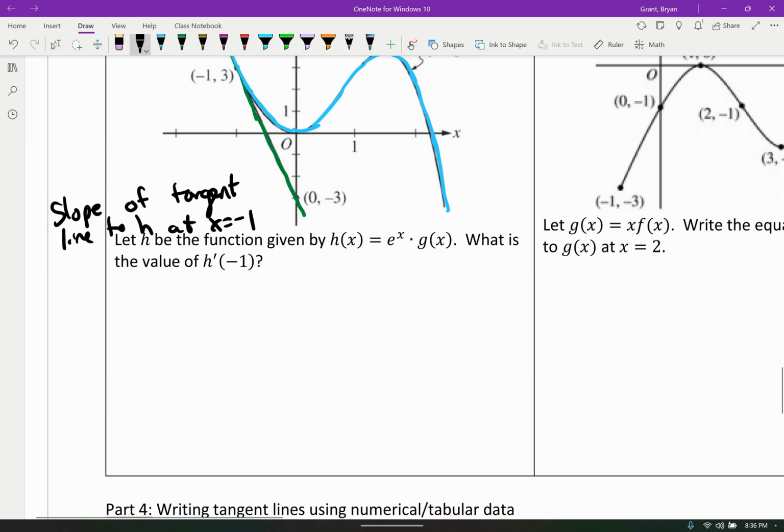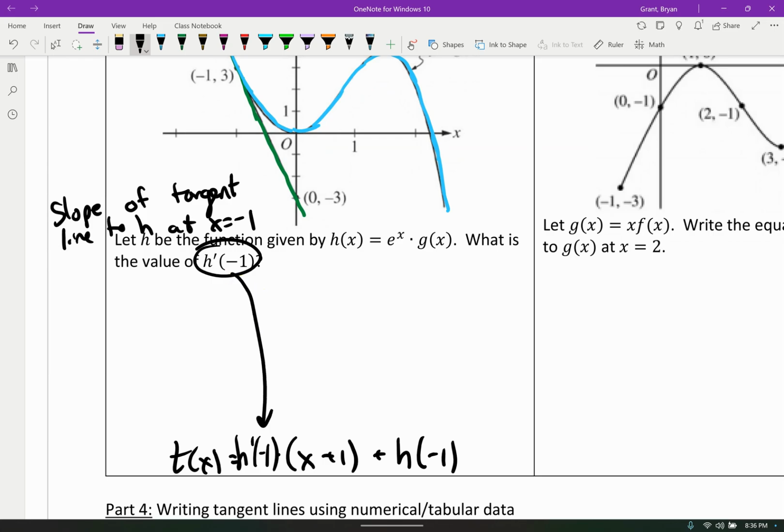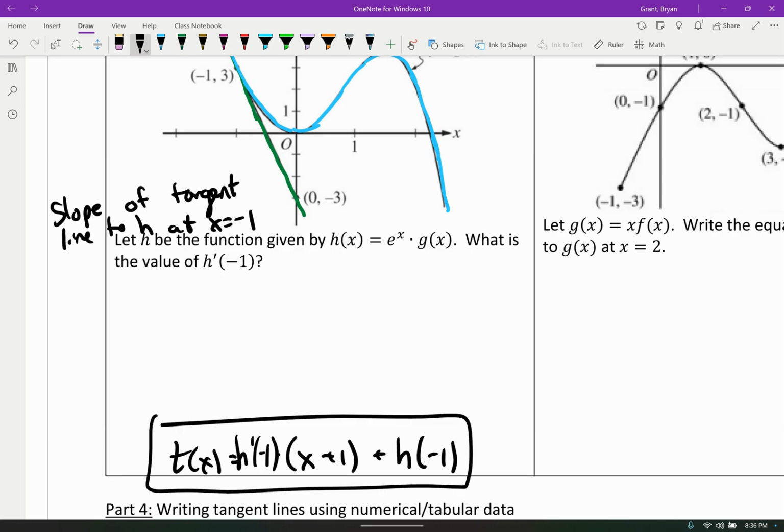Because if you were writing the tangent line to h at x equals -1, then you would have h of -1 here and h prime of -1 here. They just want the value of h prime. They just want the slope of the tangent. They don't actually want the whole equation. In fact, if you gave them the whole equation, you'd be wrong. They just want the slope.